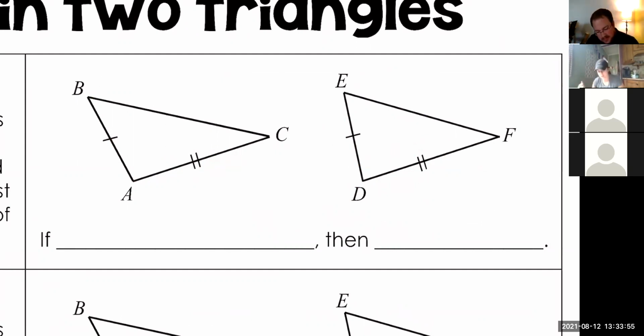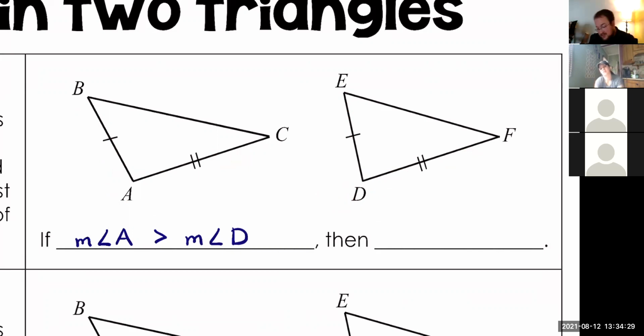I don't know though. It says that if the measure of angle A, which is my triangle here on the left, is greater than the measure of angle D. Notice that A is the included angle between the pair of congruent sides, as is D. So if the measure of angle A is bigger than D, that must mean it's wider.